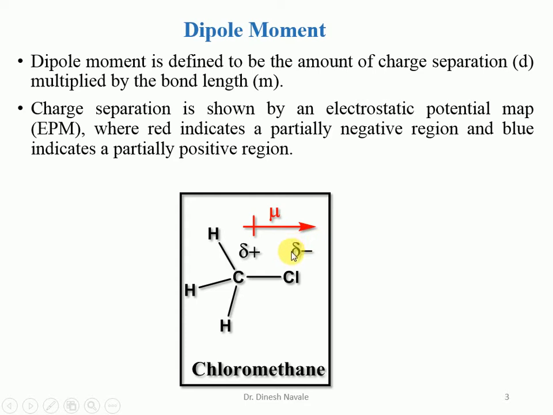As it becomes partial negative, the carbon atom becomes partial positive, and this effect is shown by this arrow, called the dipole moment, denoted by mu. This indicates that the electron pair shared in the carbon-chlorine bond is shifted slightly towards the chlorine, the more electronegative atom. So this is the more electronegative center, whereas this carbon is the partially electropositive center. So this molecule exhibits a dipole moment.